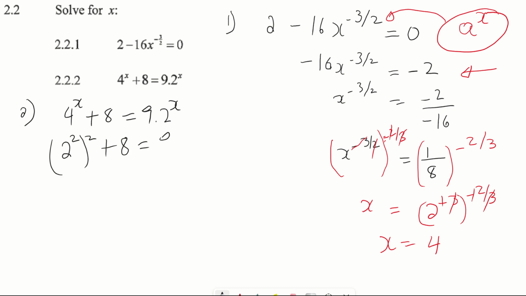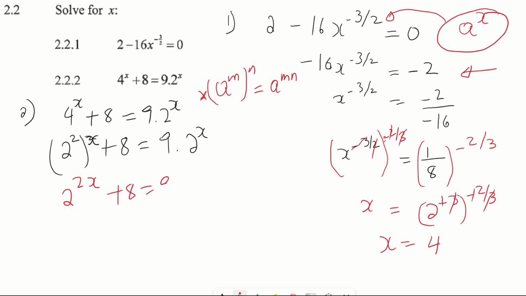I notice there is a law saying that a to the power m, all to the power n, can be rewritten as a to the power mn. So this is going to be 2 to the power 2x, plus 8 is equal to 9 times 2 to the power x.